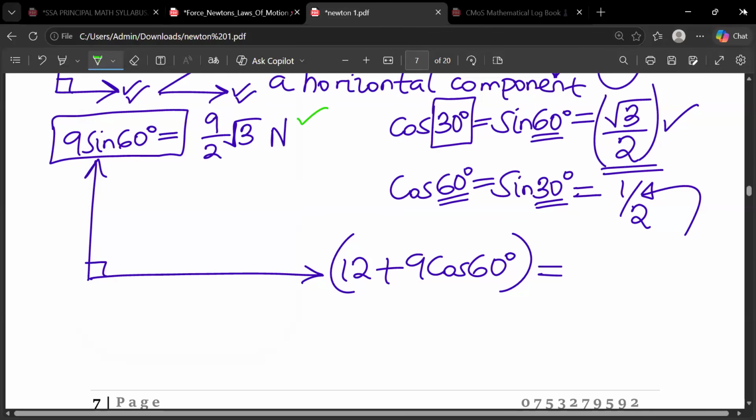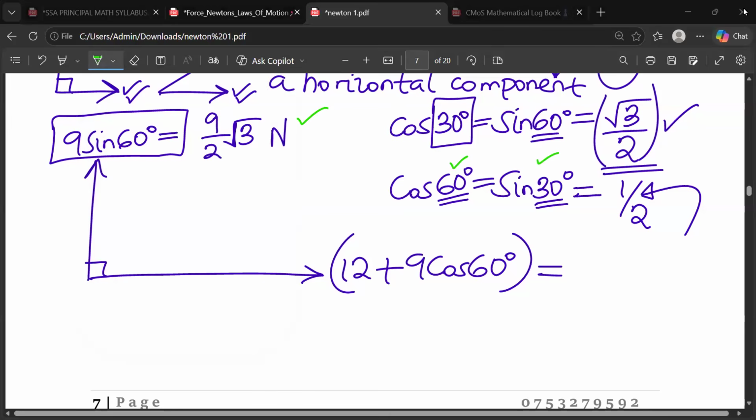Okay, then come this side. You can see cos 60, we have said it is the same as sine 30, both are half. So this will be 9 over 2. 12 plus 9 over 2, that one is inevitable, isn't it? 16.5. Are you getting 16.5 for 12 plus 9 cos 60? That's what I'm getting, 16.5.